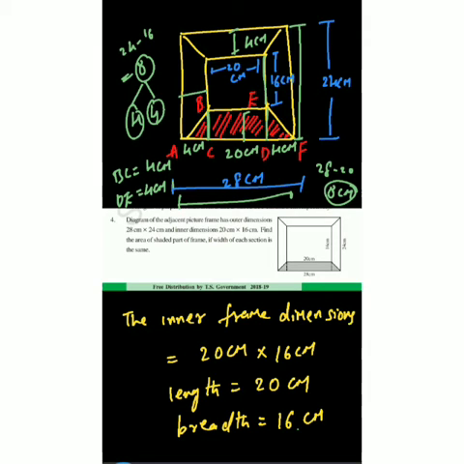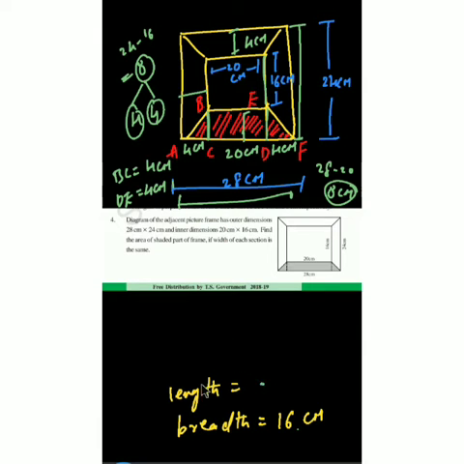Now, if I want to find the shaded portion area, what is the formula? It's a combination of triangle, rectangle, and triangle.